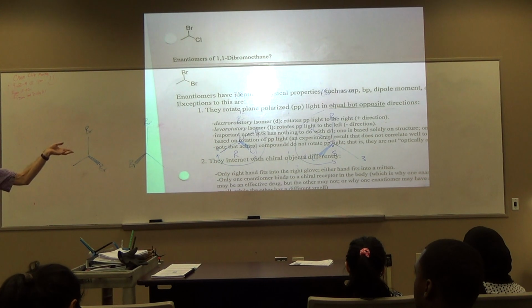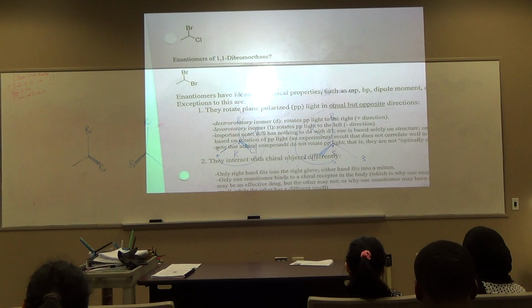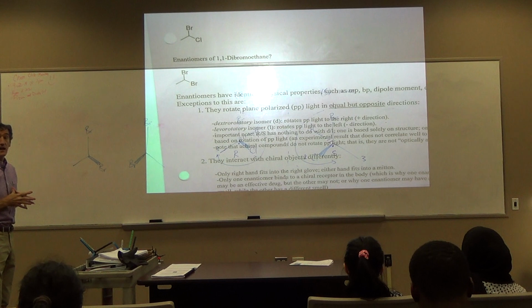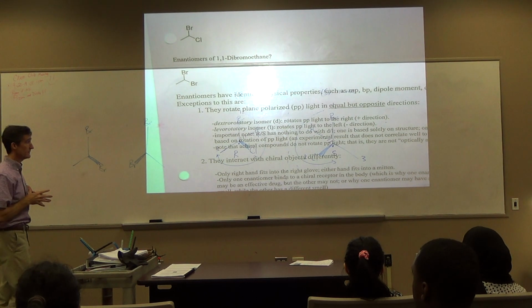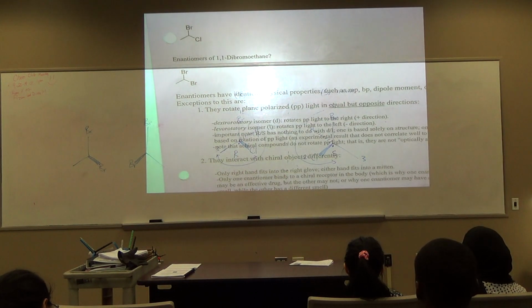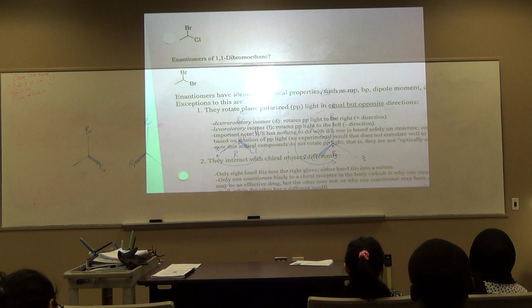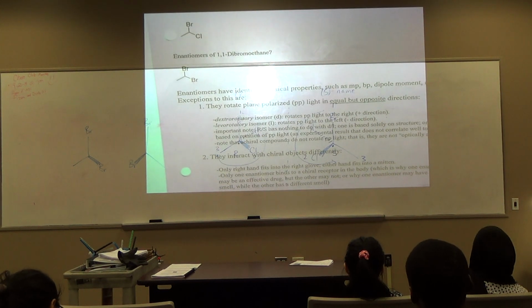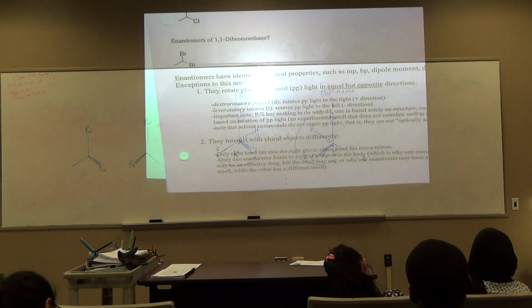Can I call that a DL pair though? I know one is D and one is L. Yeah, we can call that a DL pair. A DL pair of what? A DL pair of enantiomers. Okay? But I don't know which is which. Okay, next week we'll be doing this type of thing. Rotating the light here is called optical activity, and enantiomers are optically active.